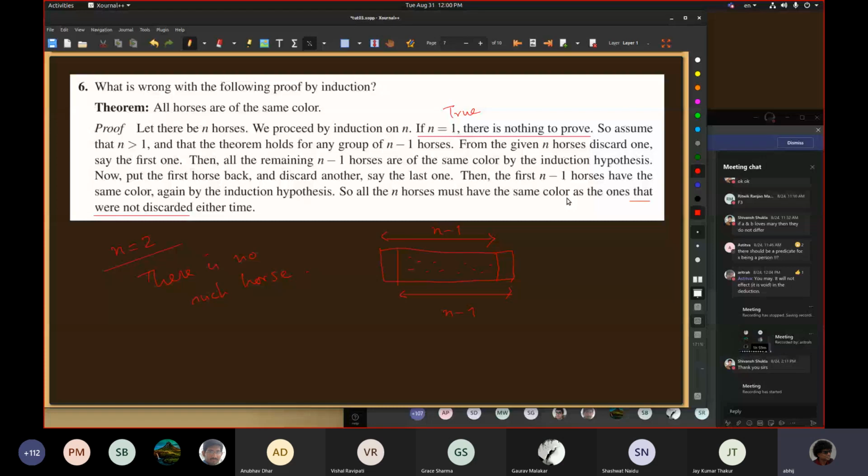Okay, but then this also suggests that if I force that this is 2 for n equal to 2, then there is no problem with this. Yes or no? Yes, sir. Okay, yeah.